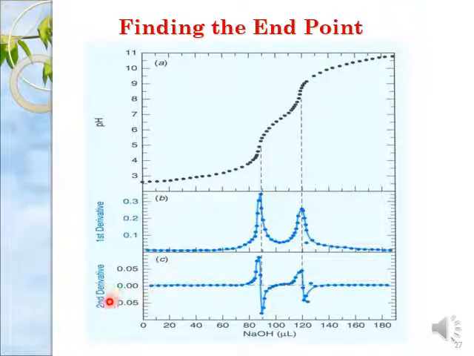The second derivative is calculated based on the difference of what we have calculated here over the difference of volume. Let me just quickly scribble here. For the first derivative, let's take whole numbers so it's easy for you to see. Let's say the first reading pH is 1, and the second reading pH is 2, so 2 minus 1.